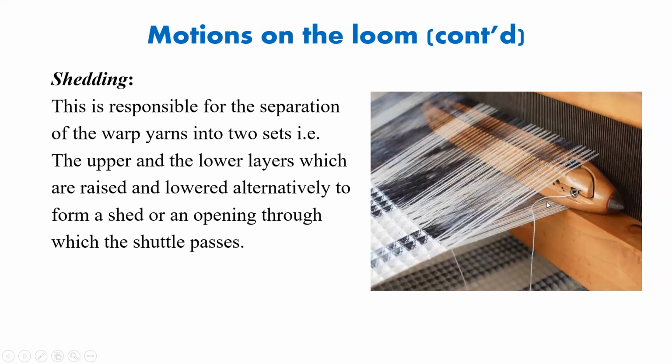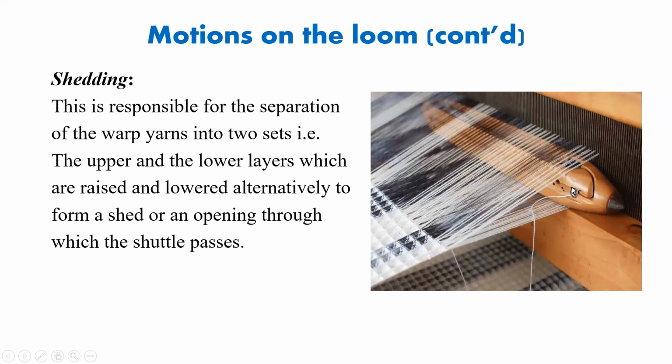This is possible because a treadle has been pressed down. So it's taking all the shafts, maybe shaft one, shaft two, shaft three, in plain weave, shaft three and shaft one. When you press, those yarns on those shafts will go down, then two and four will stay, creating a shed for you.